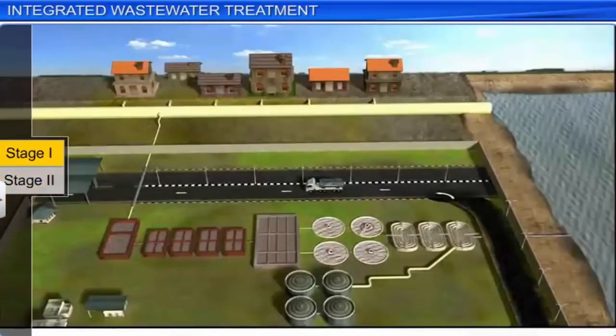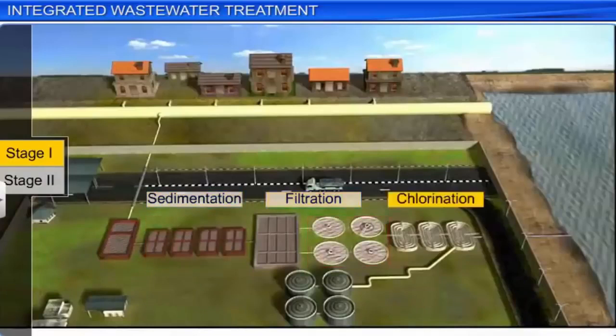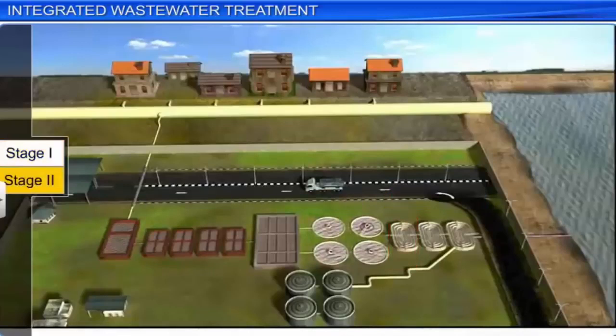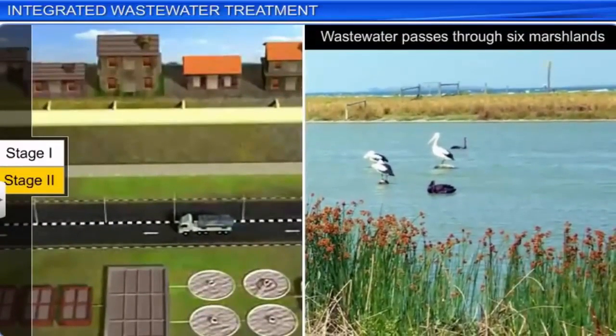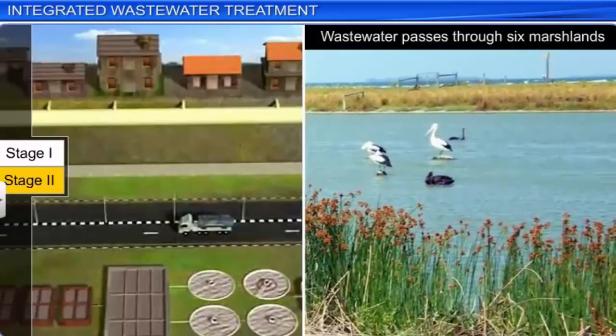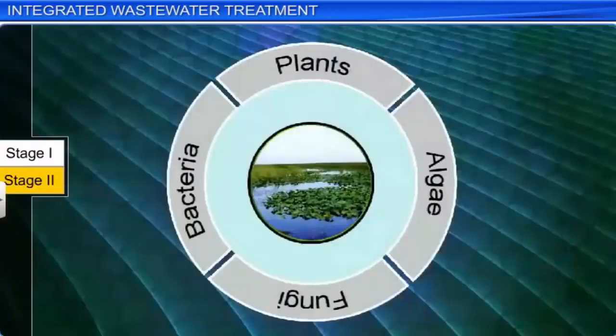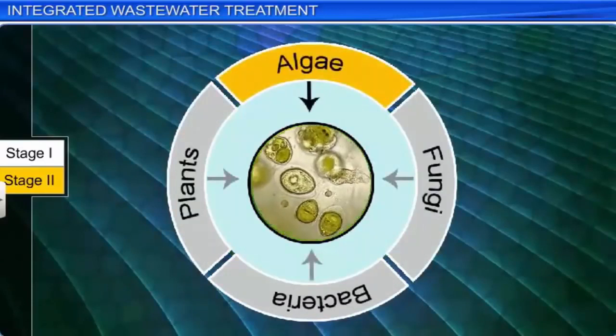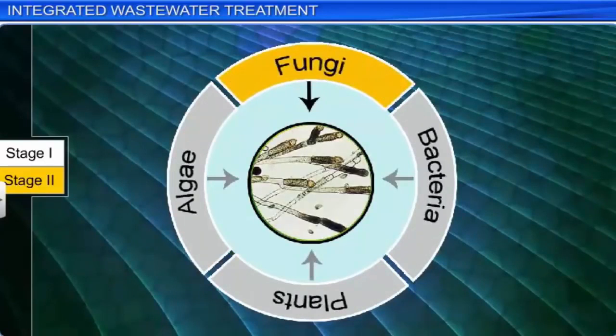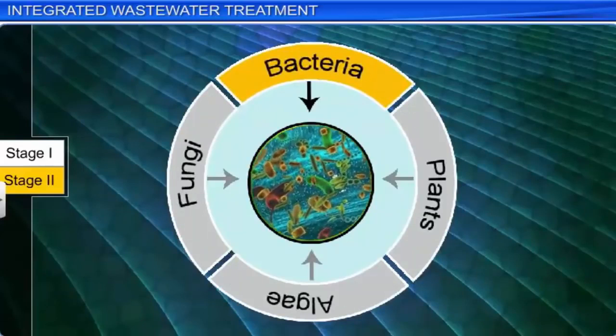The first stage included treatments like conventional sedimentation, filtration, and chlorination. While in the second stage, the wastewater was passed through 6 connected marshes spread over 60 hectares of marshland. These marshes were developed using appropriate plants, algae, fungi, and bacteria suggested by the biologists.